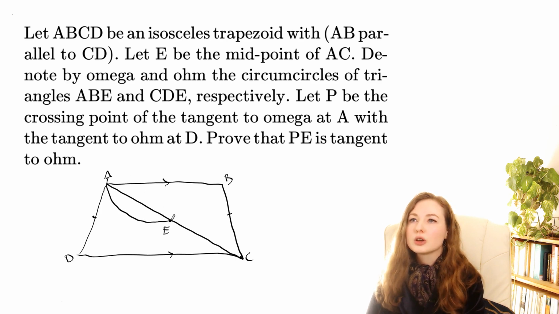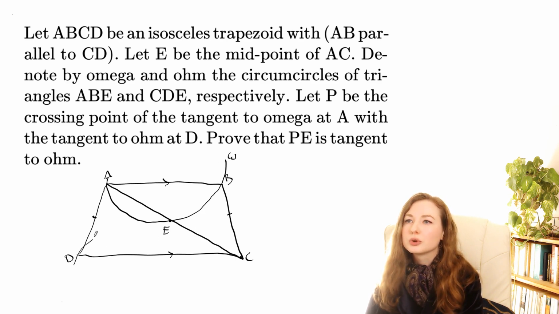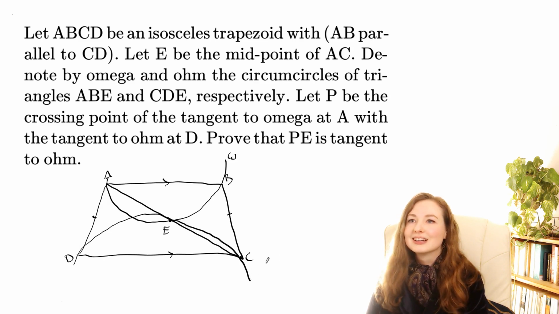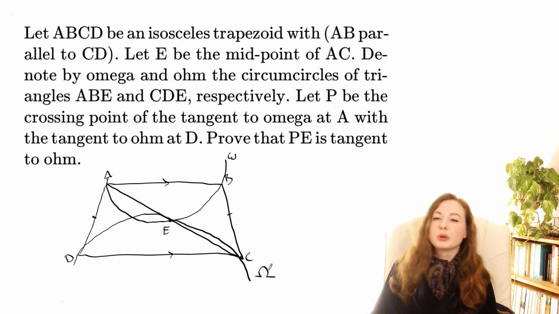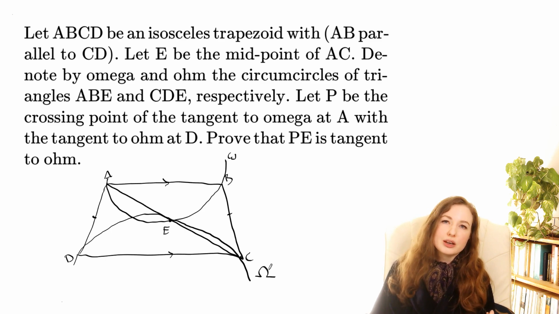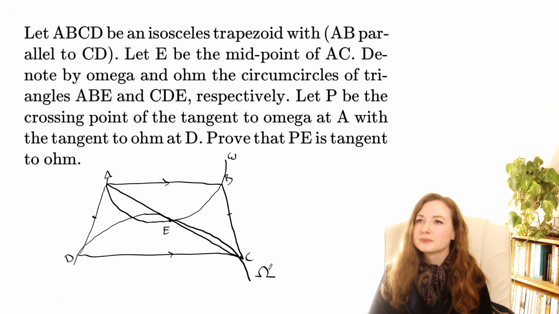And we've got a circle passing through A, B, and E. That one's called omega. And we've got a circle through D, E, and C. And that one, well, we should really call that big omega because it's not standing for the ohm unit here. It's just a capital omega.